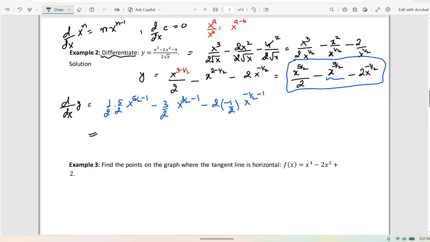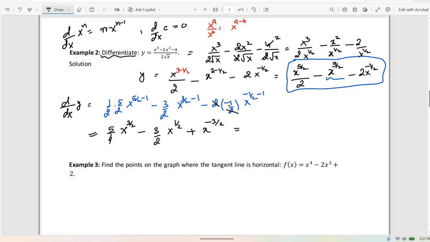We simply have to simplify all these. 5 by 4, 2 times 2 is 4. 5 by 2 minus 1 will be 3 by 2. Minus 3 by 2 x, 3 by 2 minus 1 is half. This 2 cancels, negative, negative, positive. x to the power negative 3 half. So negative half minus 1 is negative 3 half.